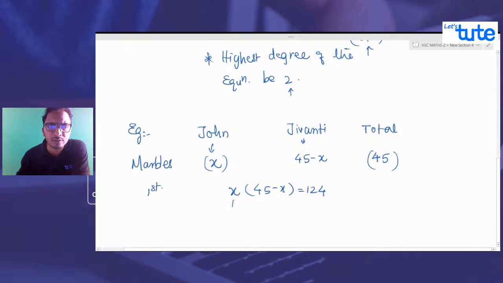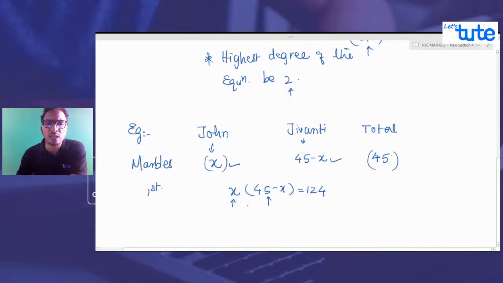These are the marbles with John and these are the marbles with Jivanti. Then we would like to find how many marbles they had to start with, that is, the value of x and the value of 45 minus x.